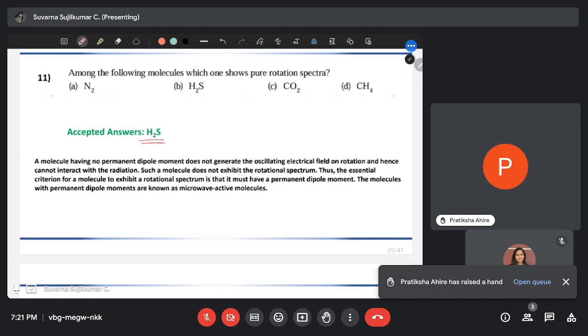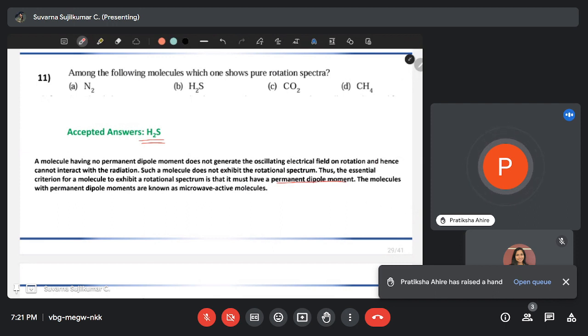A molecule having no permanent dipole moment does not generate an oscillating electric field on rotation and hence cannot interact with the radiation. Such a molecule does not exhibit a rotational spectrum. The essential criterion for a molecule to exhibit a rotational spectrum is that it must have a permanent dipole moment.